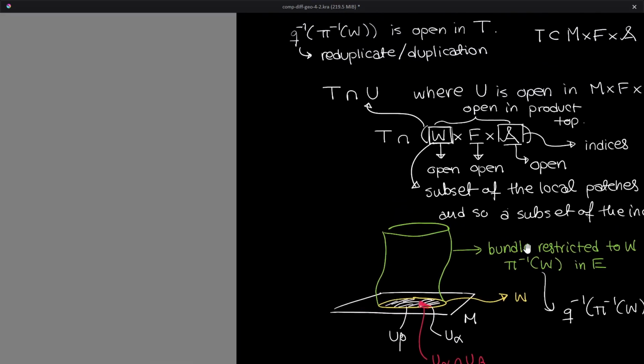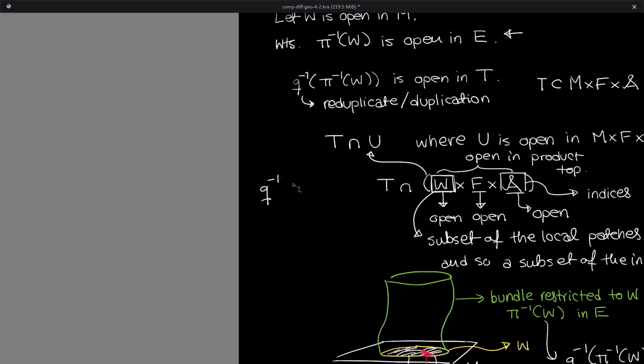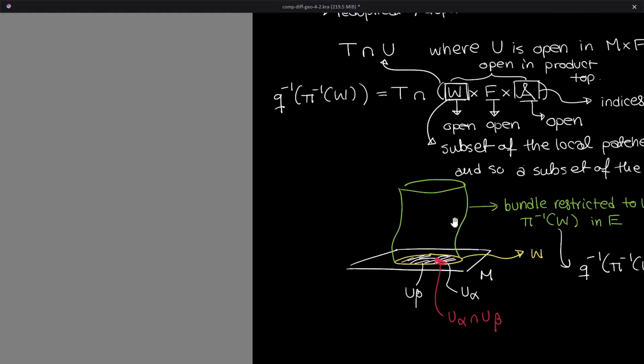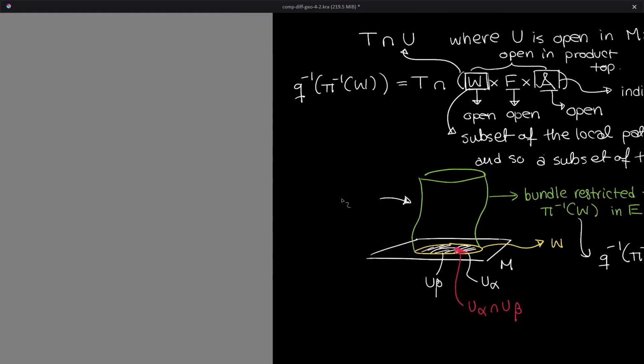So if that's what that is, then that's exactly what this is. Q inverse of pi inverse of W is equal to this, because this is in fact W cross F.